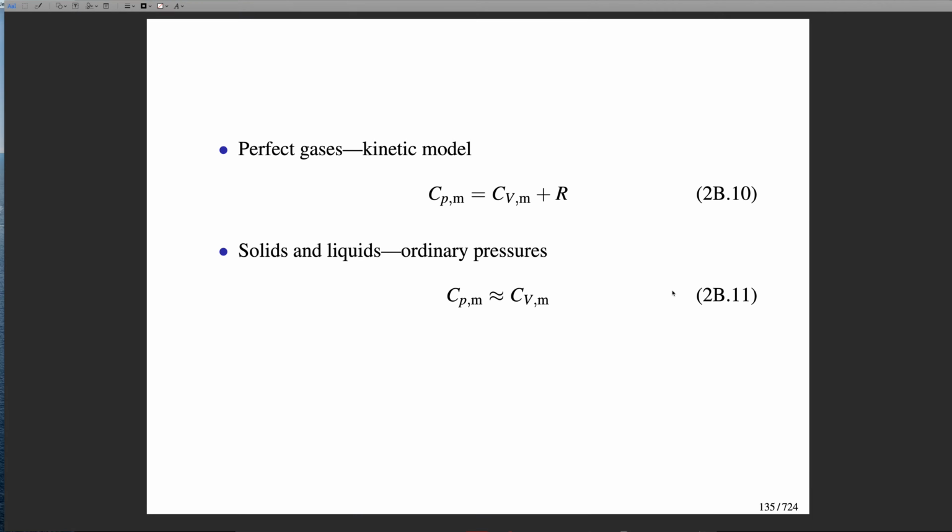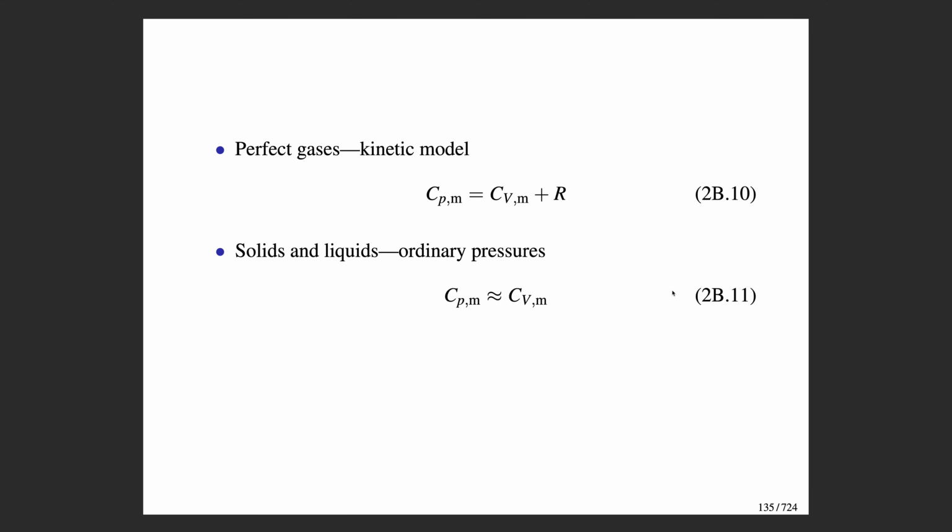Here are some additional relationships involving heat capacity that are useful to keep in mind. For perfect gases, you can show that the isobaric heat capacity is the isochoric heat capacity plus the gas constant. So this is one relationship that we're going to use often.